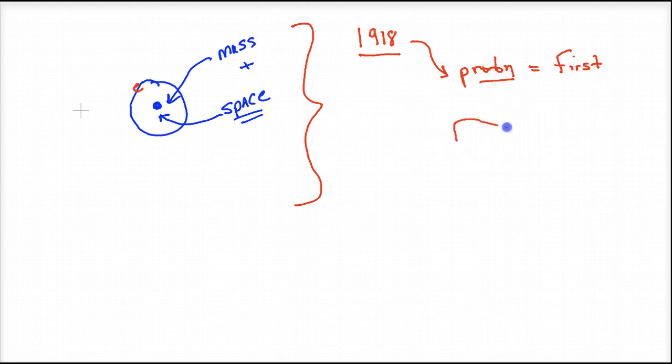We talked about these tubes, the Crookes tubes, where you have an electron beam shooting this way. We also have positive ions shooting that way, which we called canal rays.